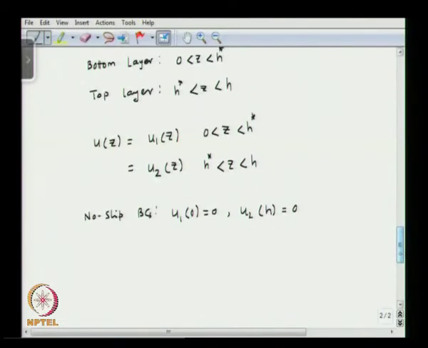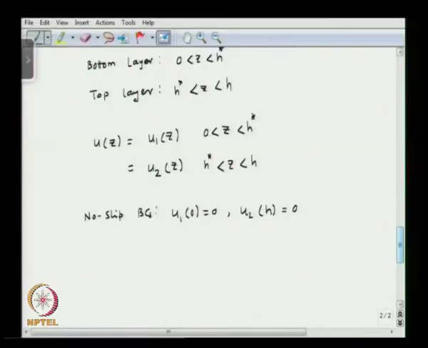Now, we can generalize the expression for the velocity that we have derived for a single phase fluid between two infinite parallel plates, and apply it to this situation for two different fluids.